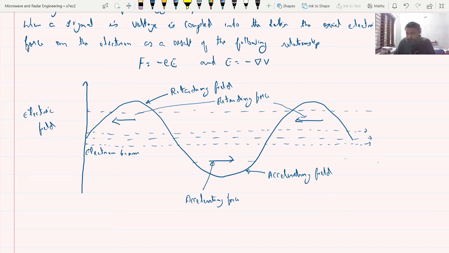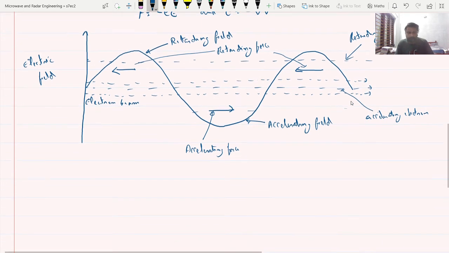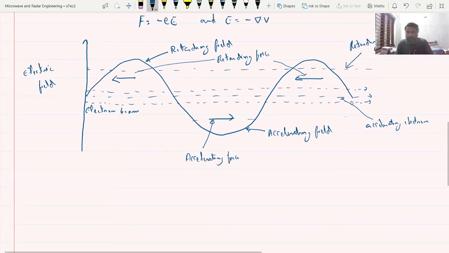You can write these as retarding electrons, and if you want, you can write these as accelerating electrons. So this is the figure of the interaction between the electron beam and the electric field.